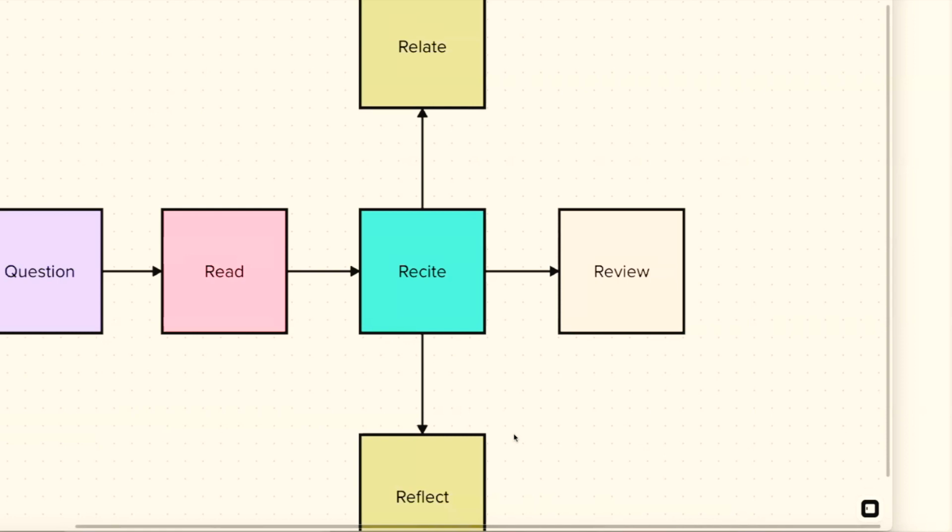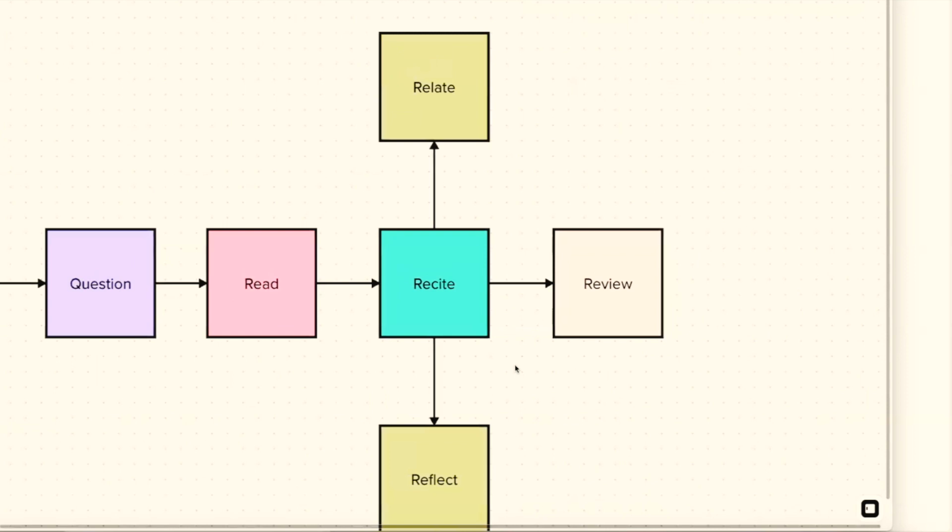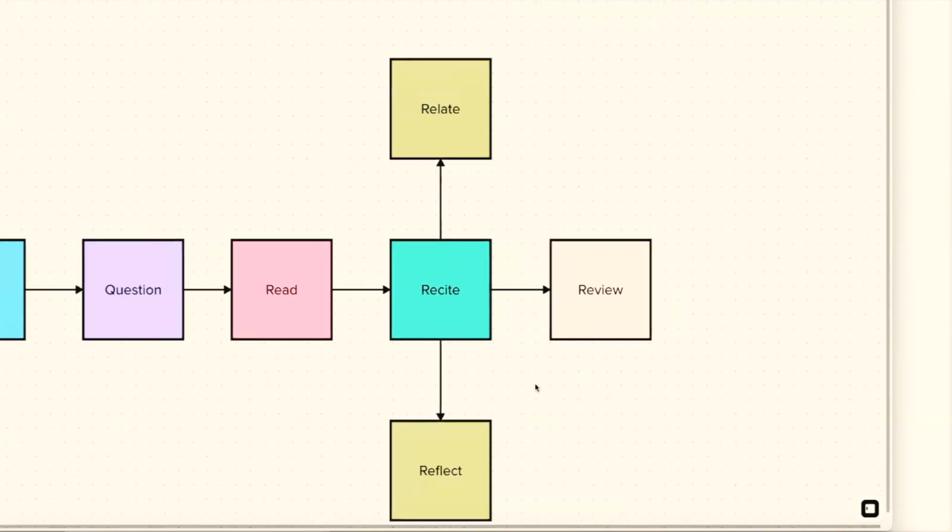And finally, you are reviewing, which means you are making sure that this particular topic has been reviewed completely, and then you lock the content in your mind and you have confidence, because it has come out from your mouth without any hindrances or problems.